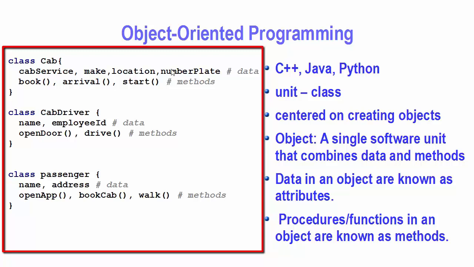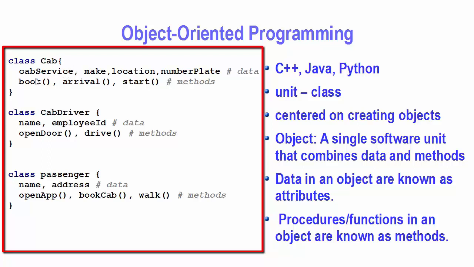What is the number plate of that cab so the passenger can recognize it? All these things which I have written here are called data because they can hold some kind of data. Number plate has number plate data, location has geolocation data, make has the make data. Cab service can have data like Uber or any other cab service.